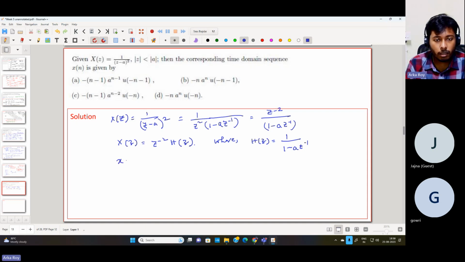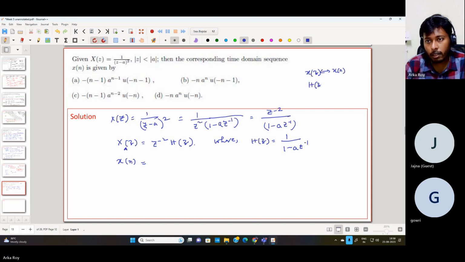So if I get the inverse Z transform, X of z has inverse Z transform X of n, and H of z has inverse Z transform H of n. So if I multiply z to the power -2, let me be very precise, I am adding a delay of 2.